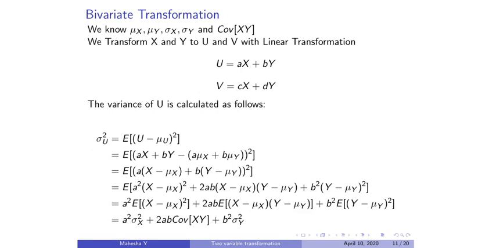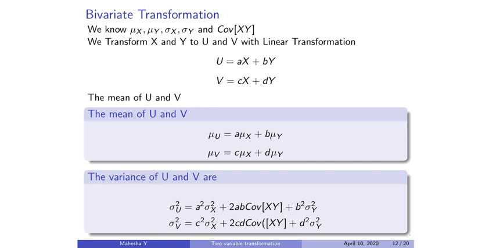Then we can identify the value for sigma v square also. In the same manner, where a and b are replaced with c and d. So generalizing, the mean of u and v will be mu u equal to a mu x plus b mu y, mu v is equal to c mu x plus d mu y, sigma u square is equal to a square sigma x square plus 2ab covariance of xy plus b square sigma y square.